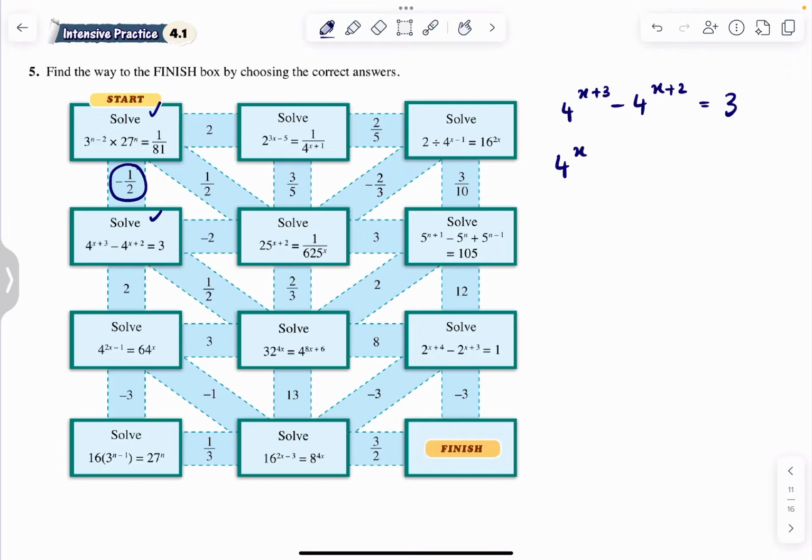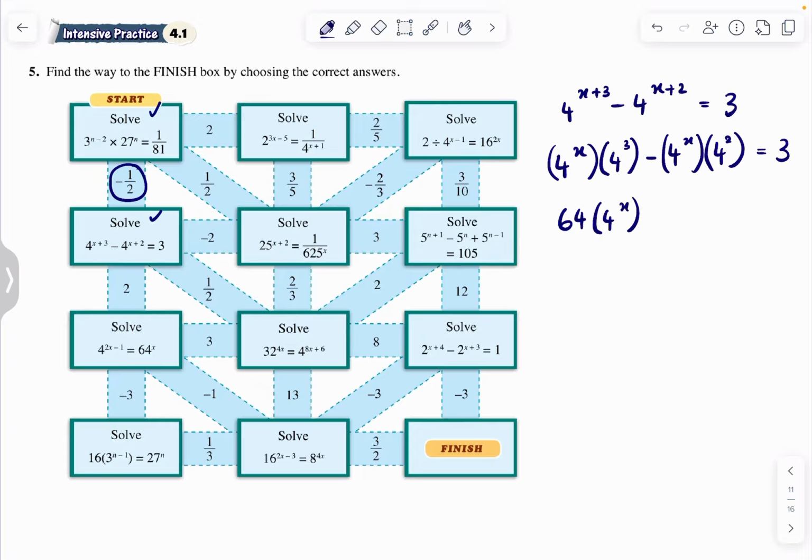So 4 power (x plus 3) will be 4 power x times 4 power 3, and 4 power x times 4 squared, equals 3. Then 4 cubed is 64, and 4 squared is 16.